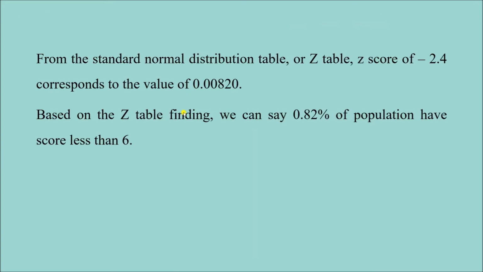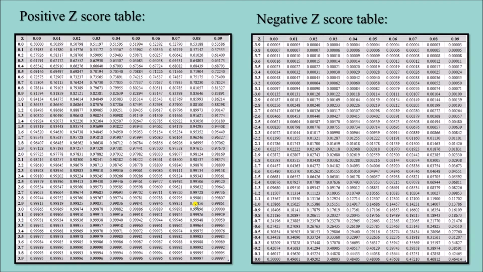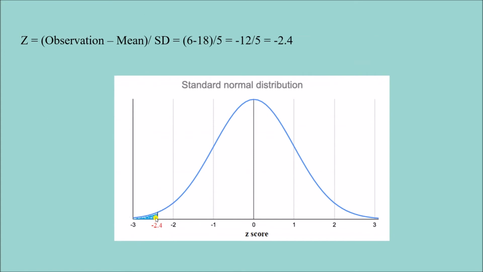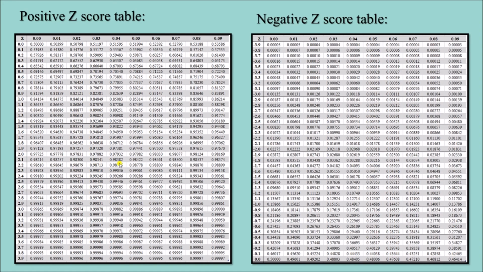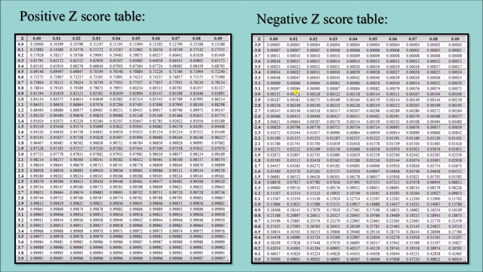Now remember, for any z-score, the proportions given here represent the part of the curve on the left side of the particular z value. So look at the table here. In our example, we had z-score of minus 2.4. So this is the minus or negative z-score table, and we have to look at this.